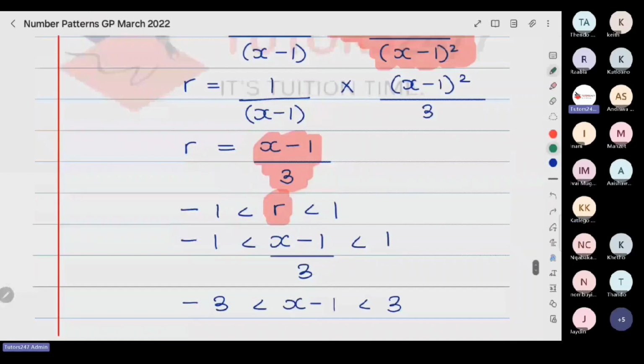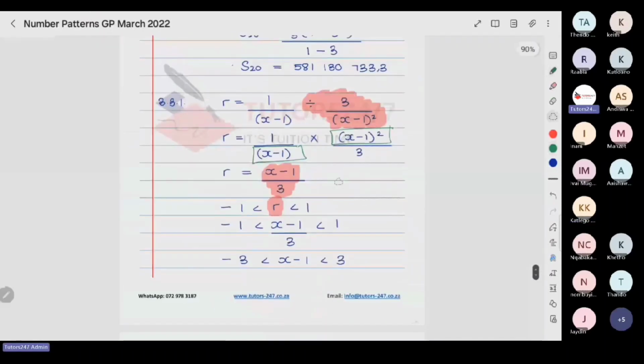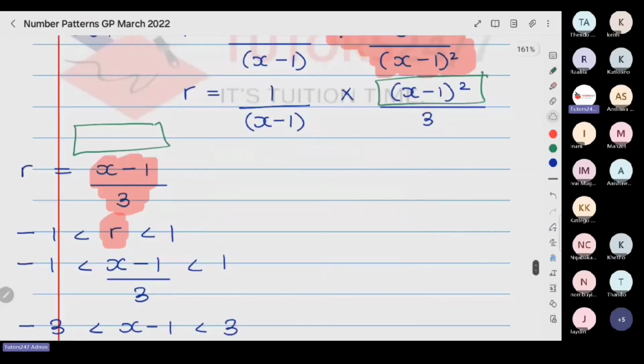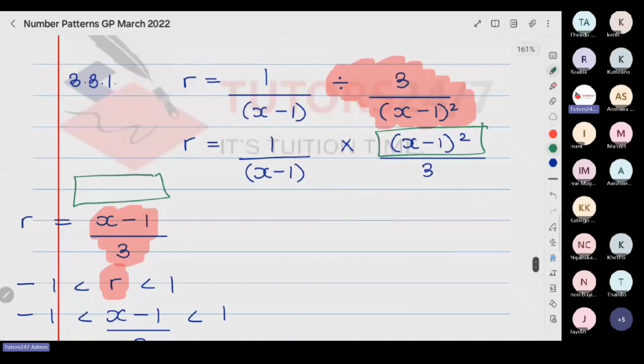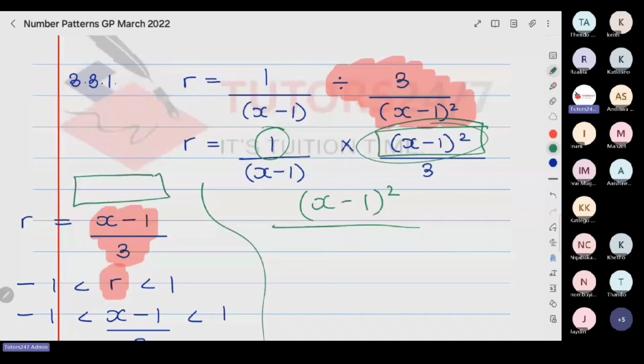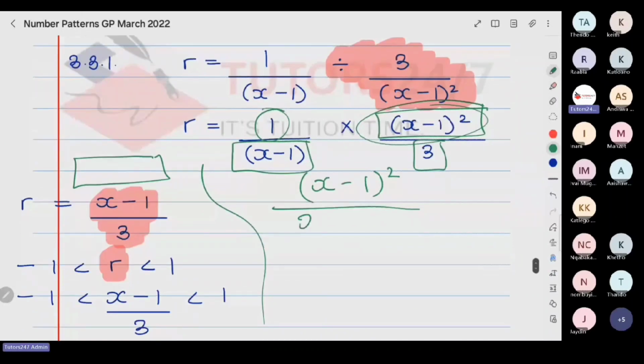So if you were to divide them, let's just expand it. Here we have 1 times this thing on the right, so it'll become x minus 1 squared. And here in the denominator, we have x minus 1 times 3, so it'll become 3 into x minus 1.